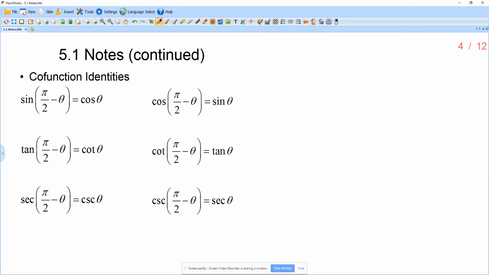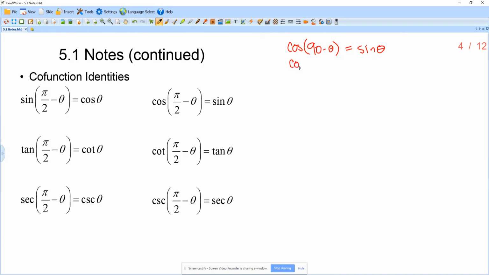So what we also have is cofunction identities. Cofunction identities, you guys have seen this before. In a lot of your homework assignments, it has said, what is the cosine of 90 minus theta? And some of you hopefully realized that that is the same as just the sine of theta. In geometry, last year you studied this with different notation.